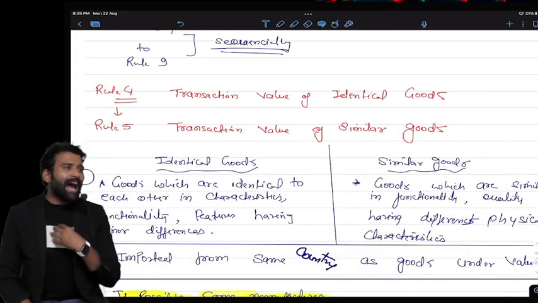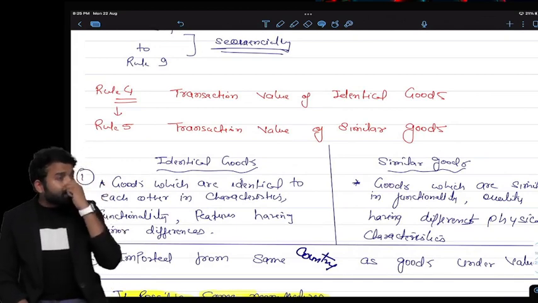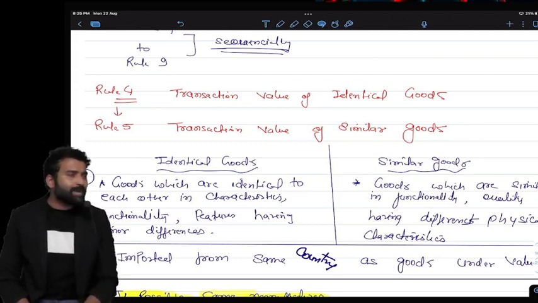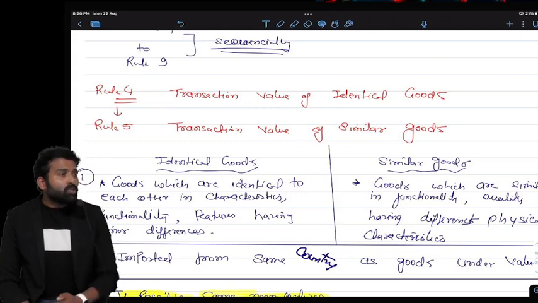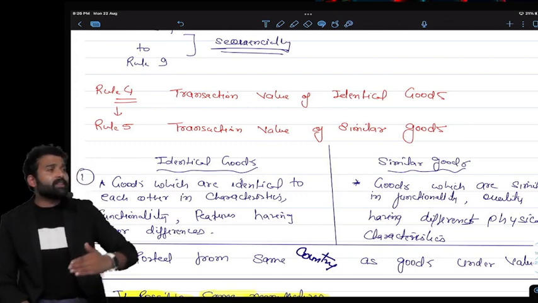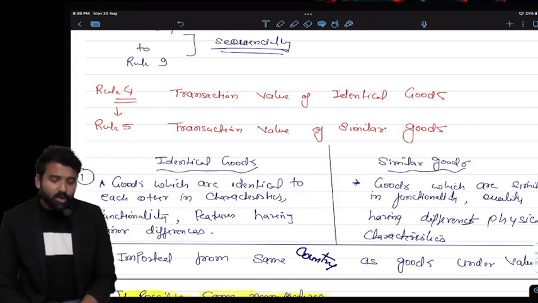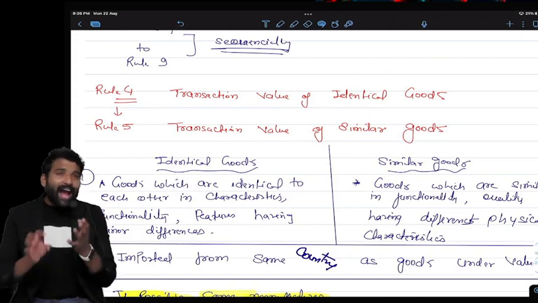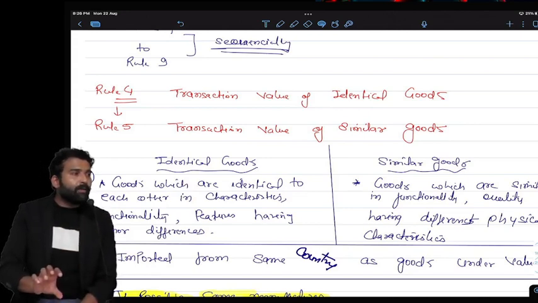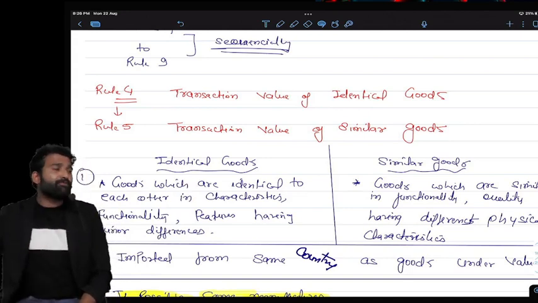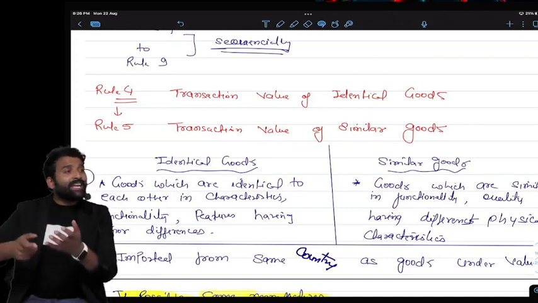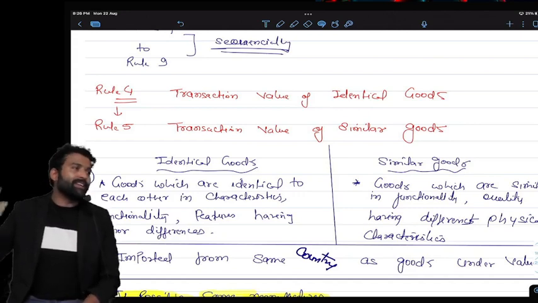My goods are imported at a price of $100,000, but this price is not appropriate, this price is not genuine. An officer or even the assessee is not able to calculate the right value because there are some other considerations as well. So now I will look at the CIF value of the identical goods imported in the nearest time.